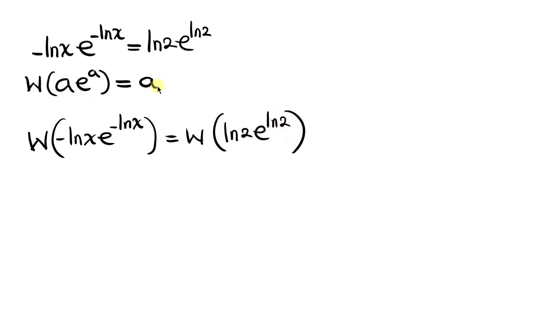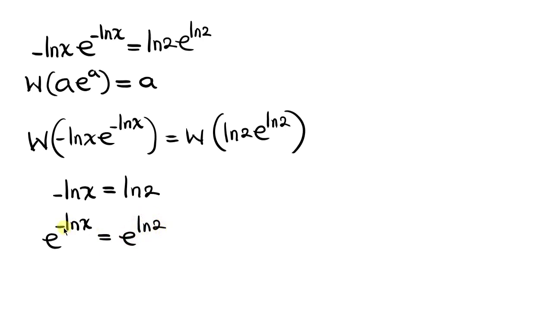Now, like what we have here, the result will always be a. And so the result here will always be negative ln x equal to, the same thing happens here, the result will be ln 2. Now let's take the base e of both sides. So e to the negative ln x equal to e to the ln 2.